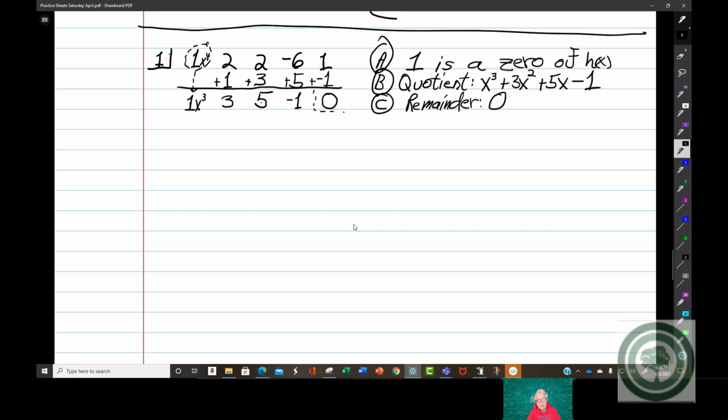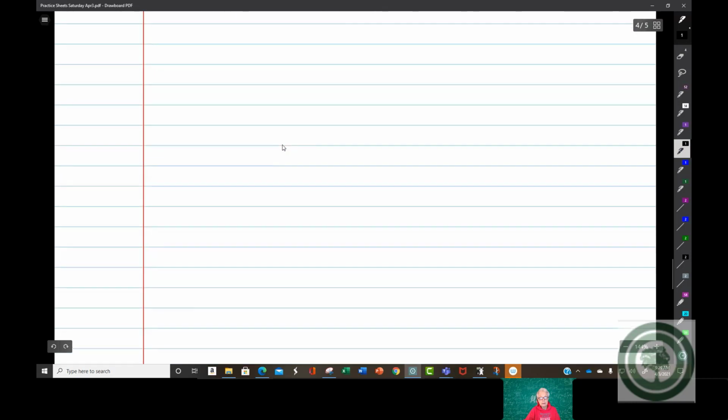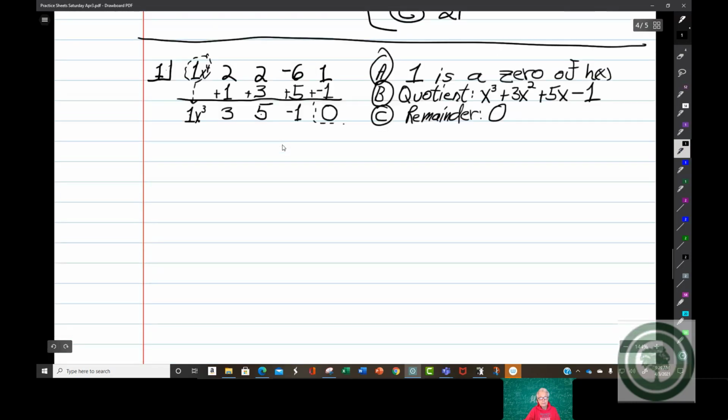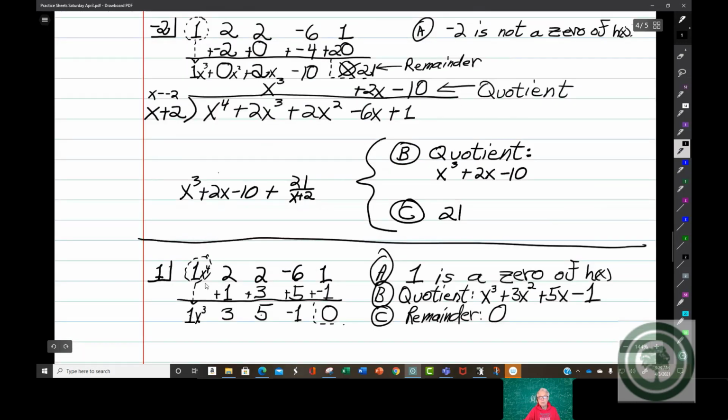When the remainder is 0, that means that that number is a 0. So this actually is a lot faster and easier once you've done it a few times than plugging a number in and hoping you don't make a mistake and hoping you'll get a 0.